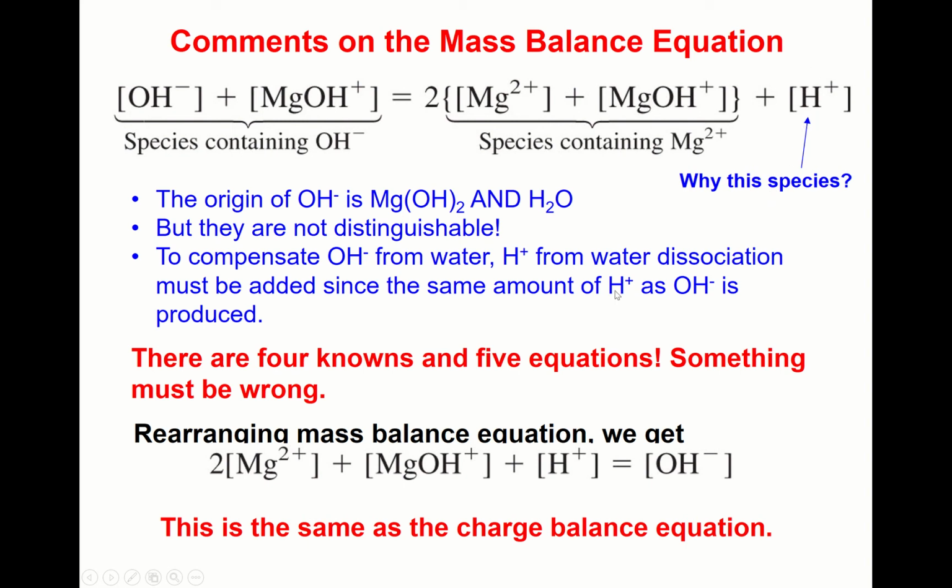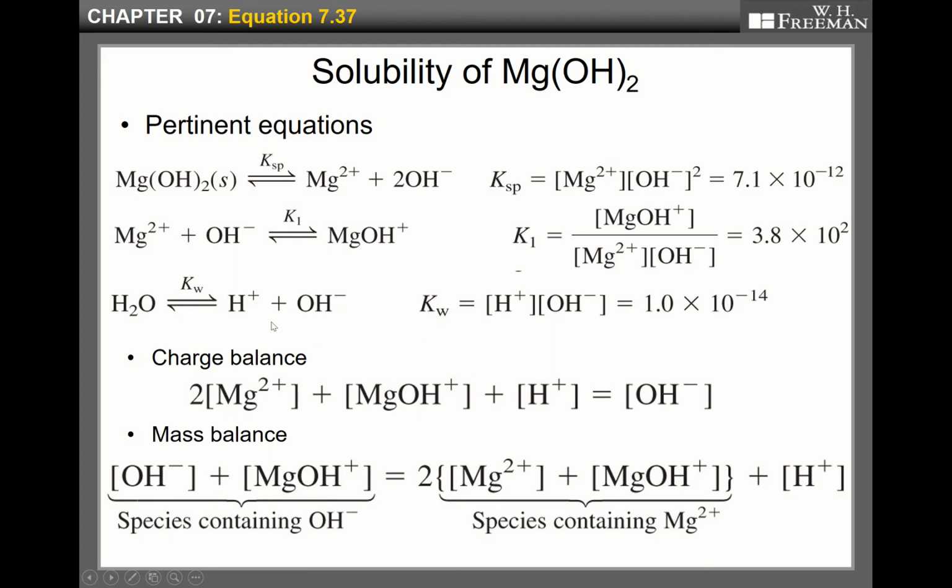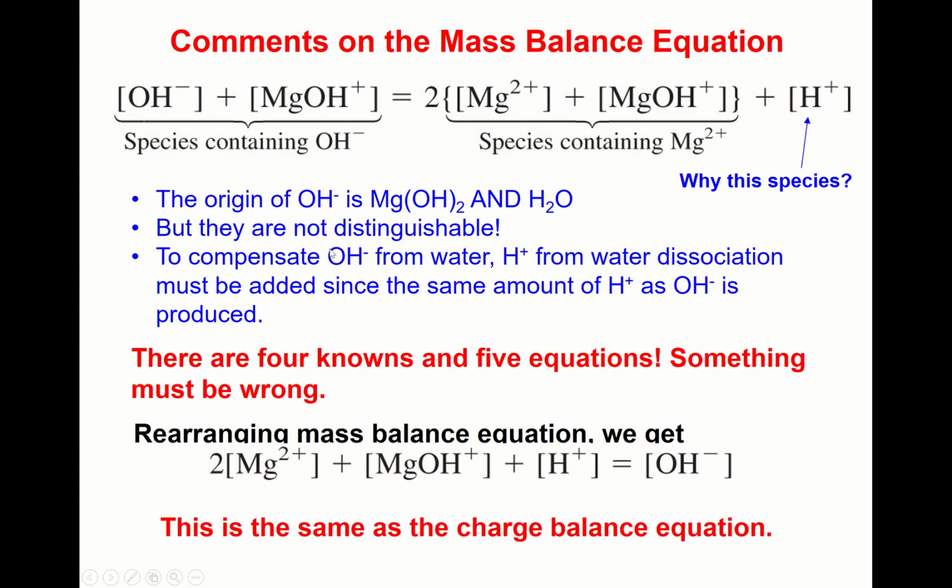Well, the origin of hydroxide ion on the left side is two: one is magnesium hydroxide and the other is water. Water auto dissociation also contributes hydroxide ion. But the hydroxide ion from magnesium hydroxide and water are not distinguishable; hydroxide ion is the same all the time.